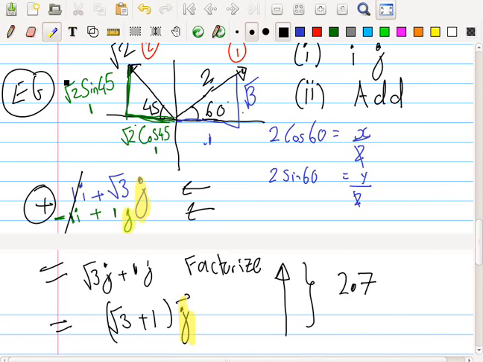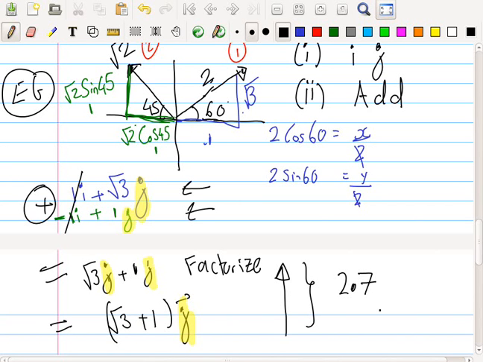Factorization. This one came from the blue one here, and the green one came from the green one here.